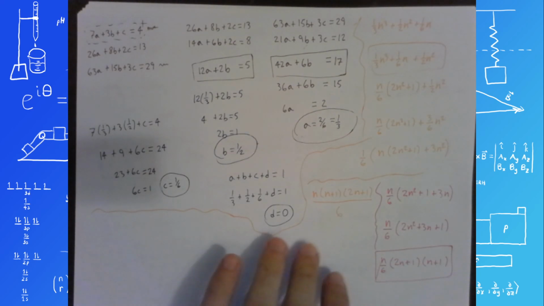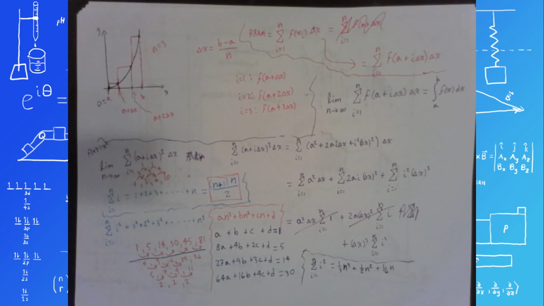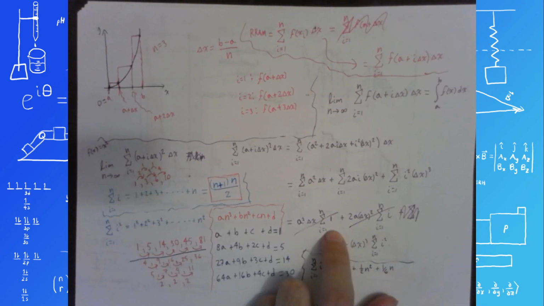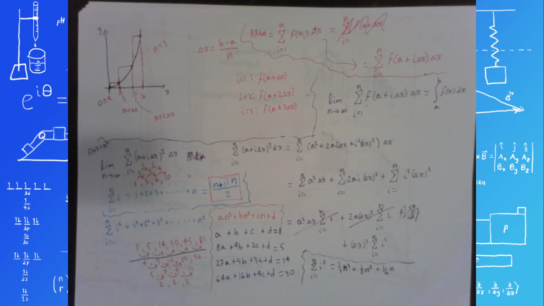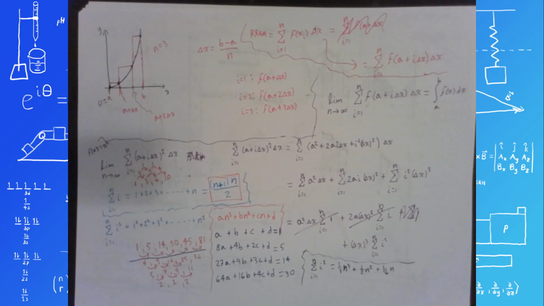Now we can go and come up with the formula for the integral of the x squared function, specifically if you're starting from 0. The area under the curve for this thing as n approaches infinity. Let's go ahead and see what we can do with this.